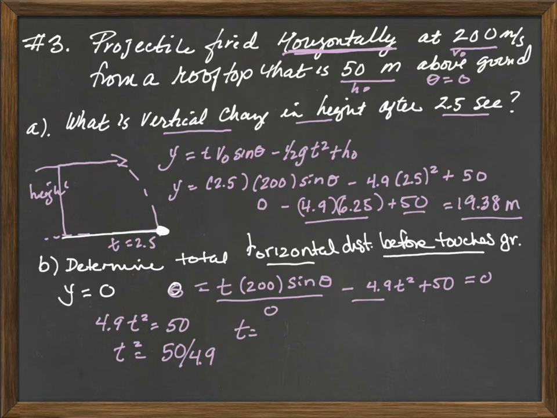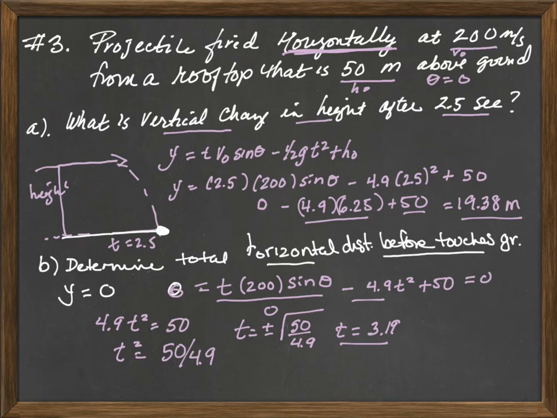So t is plus or minus, and I'll talk about that in a minute, the square root of 50 over 4.9. So let's put that in our calculator. You get t is equal to 3.19. Okay, so that's how long it took.